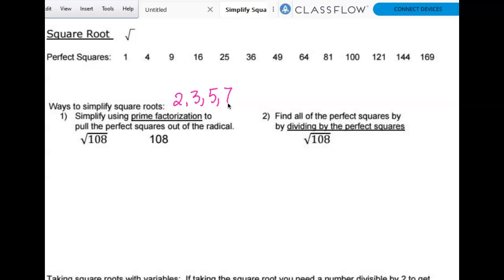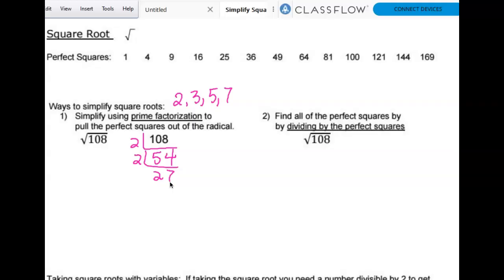So if I look at 108, I'm going to pick a prime number. Since this is even, I'm going to start with 2. That gives me 54. It's even, so I'm going to do 2 again. And that gives me 27. Can I divide 27 by 2?